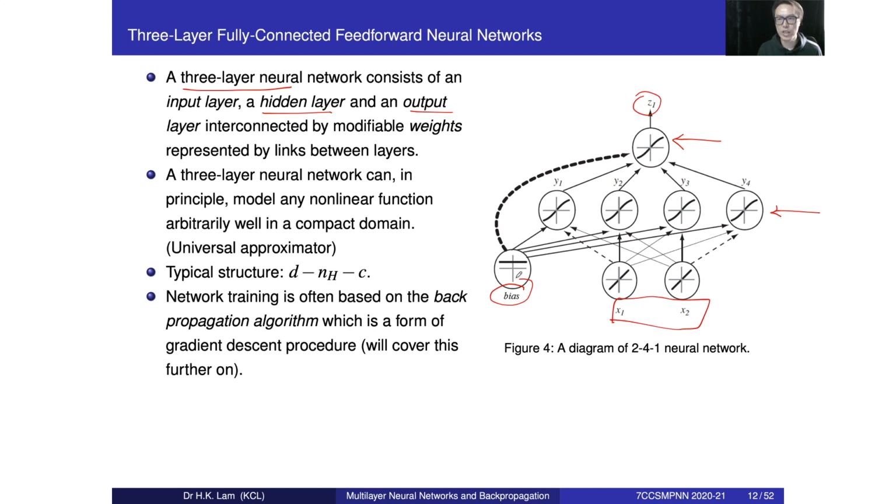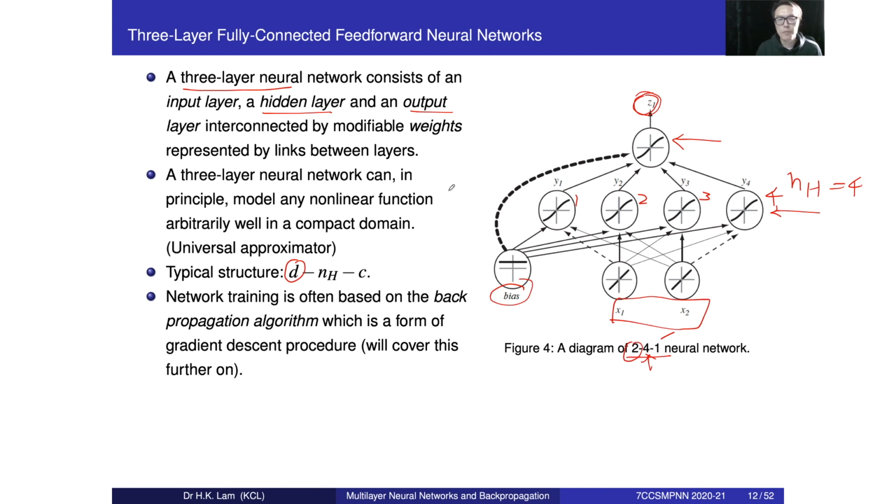We call this a 3-layer neural network, and we have a short form for this typical structure, for example a d-n_H-c neural network. Here we have 2 inputs, so d is 2, and the number of hidden nodes in the middle is 1, 2, 3, 4, so n_H is 4. And then 1 is the number of outputs. We only have 1 output, so this is a 2-4-1 neural network.